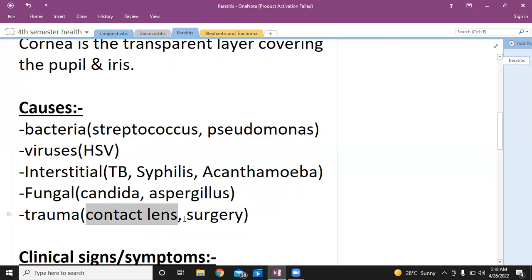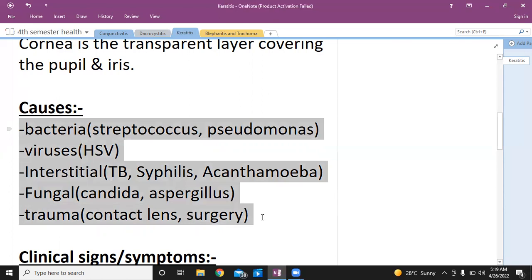Or maybe the person can tell you that they were undergoing a surgery, and then they had this injury. Okay, so there can be a number of causes.